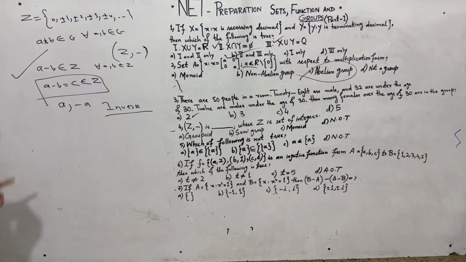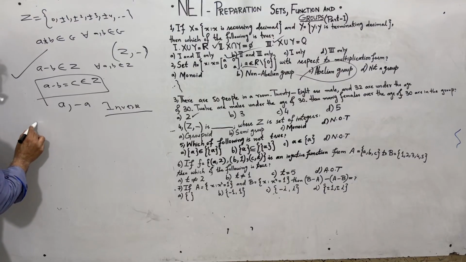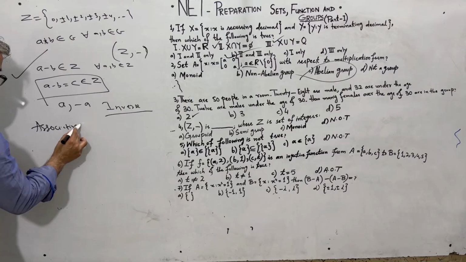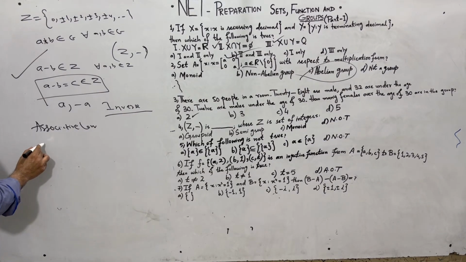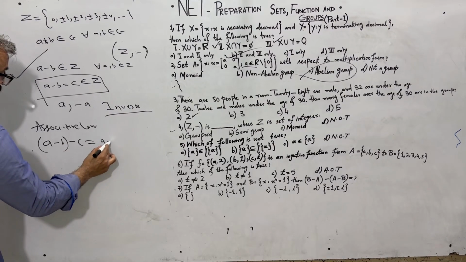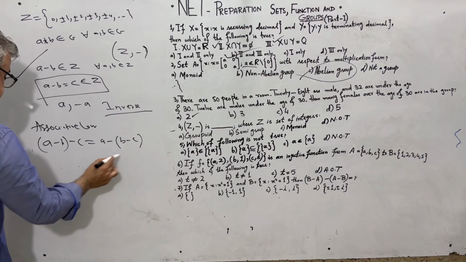What about the associative law? Let's see and find out. Associative law means (A minus B) minus C should equal A minus (B minus C).